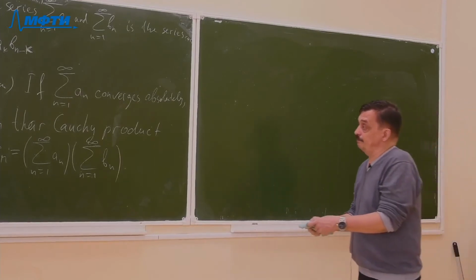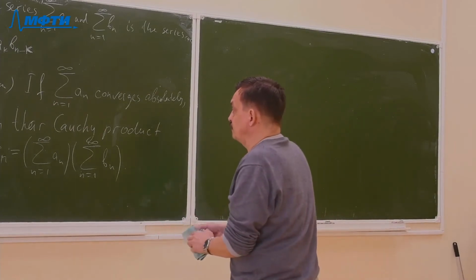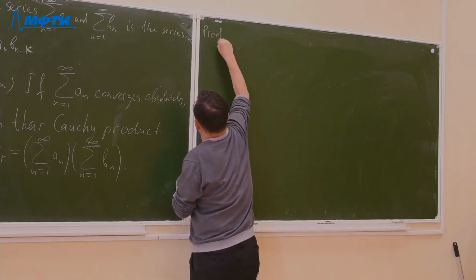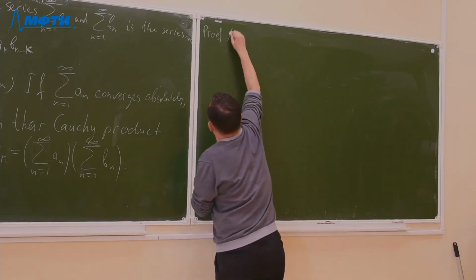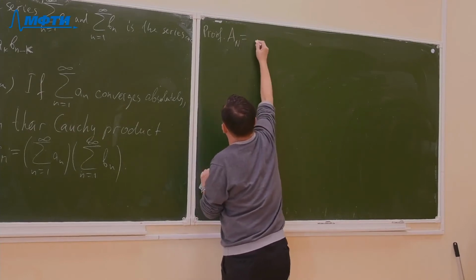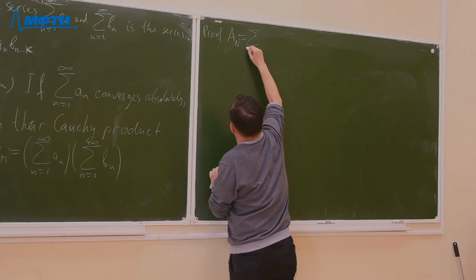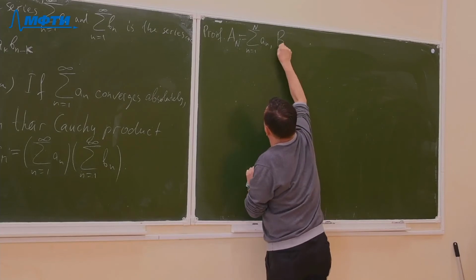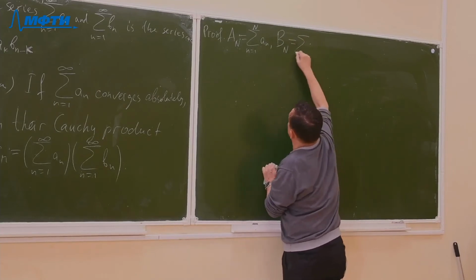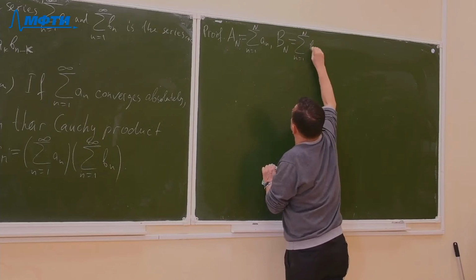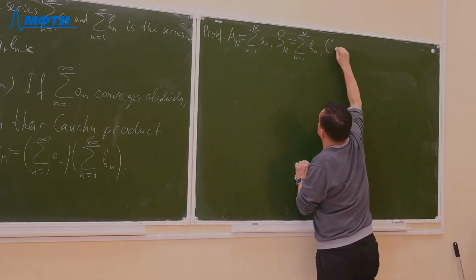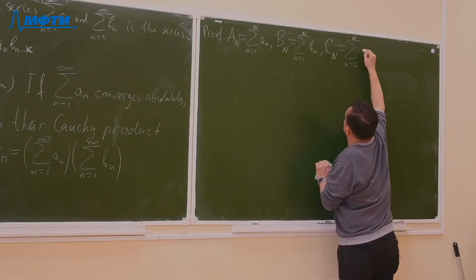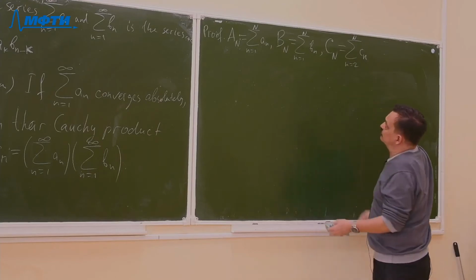Okay, so I will choose some notations. Proof. Capital A_N equals, by definition, the sum of a_n from 1 up to N. Capital B_N is the partial sum of b_n. Capital C_N is the partial sum of our Cauchy product.